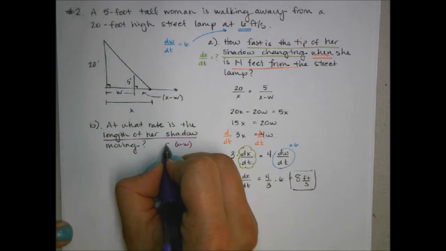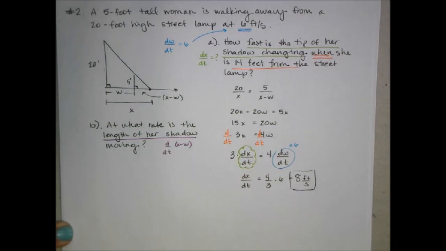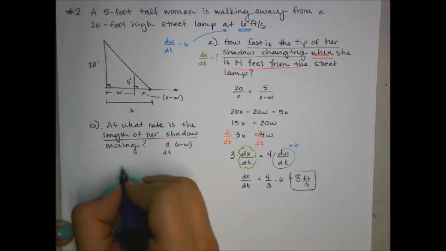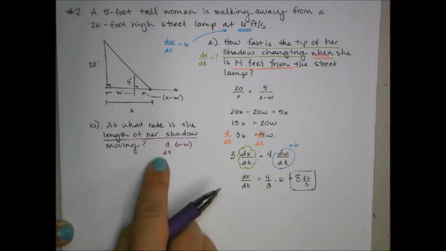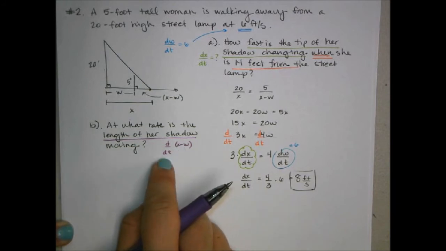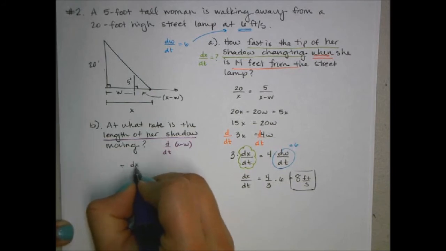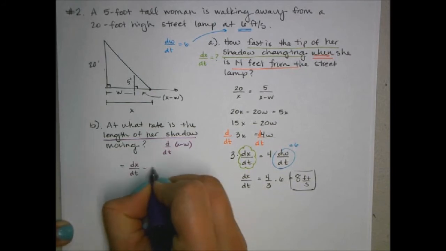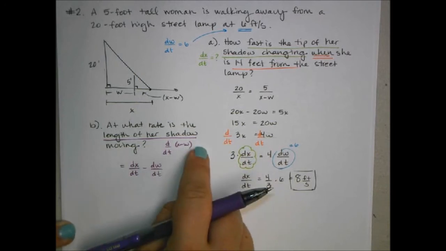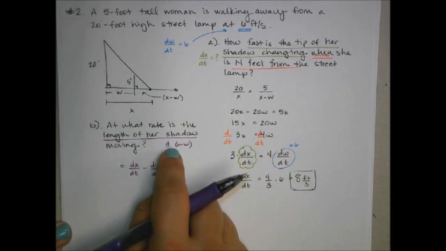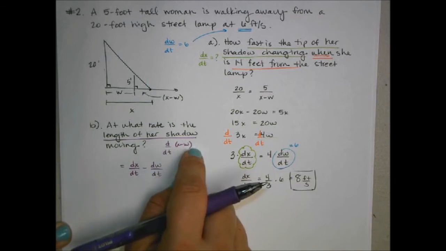So the derivative of x minus w is going to give us just dx/dt minus dw/dt. All I did was take the derivative of x minus w with respect to time. You'd get a 1 here, dx/dt, minus 1 dw/dt.